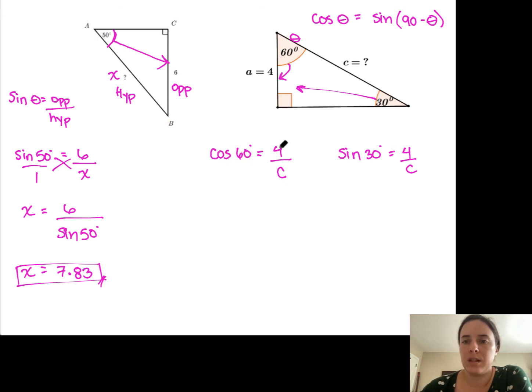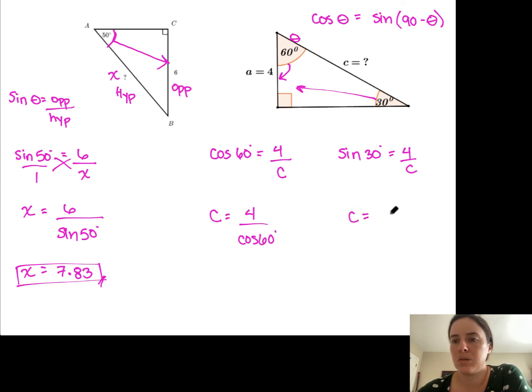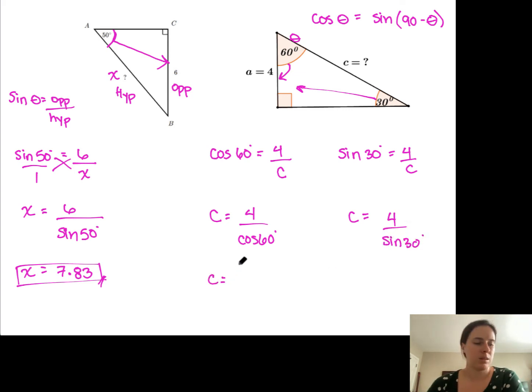All right, so let's go back to solving these. So cos 60 is equal to 4 over c. So if we solve that for our hypotenuse, c is equal to 4 over the cosine of 60, or c is equal to 4 over the sine of 30. So 4 over cos 60 gives us 8.